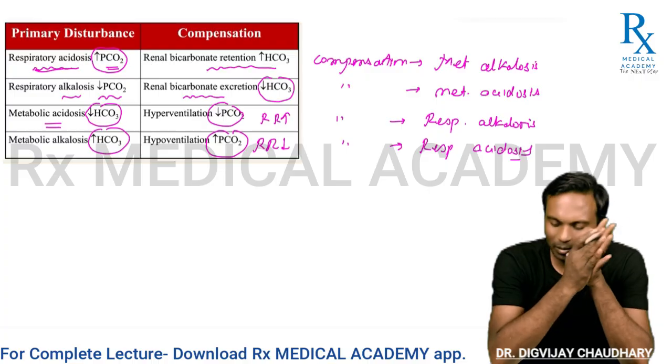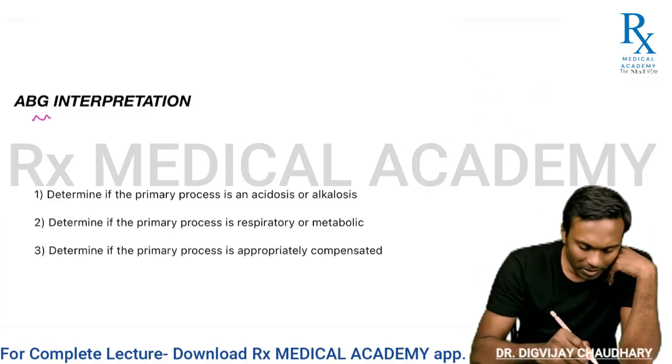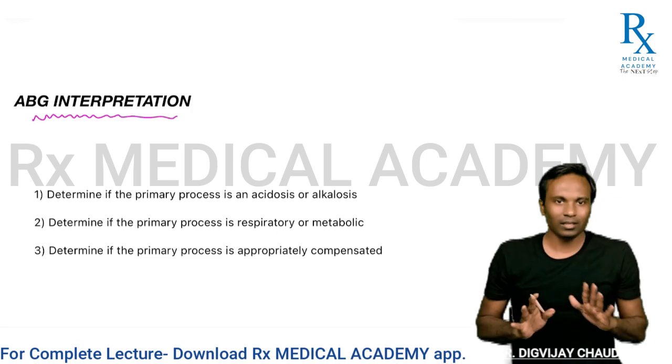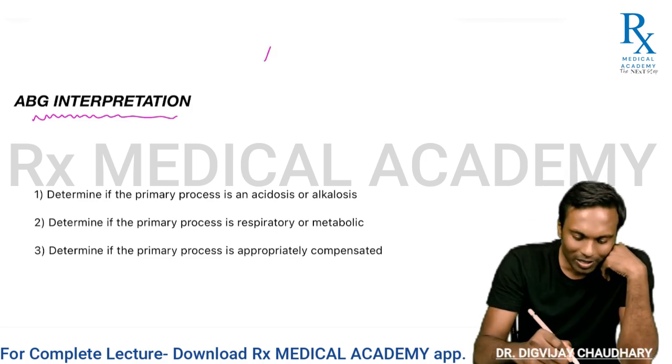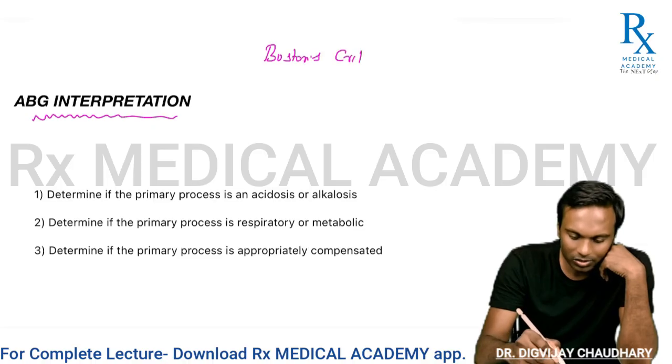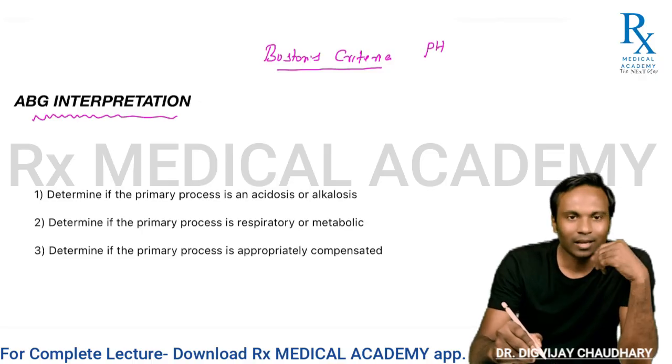So I hope you are imbibing what I am trying to tell you till now. When you are interpreting ABG, there is a certain rule. One thing is you have to follow Boston's criteria. As per Boston's criteria, you will look at pH first, right?